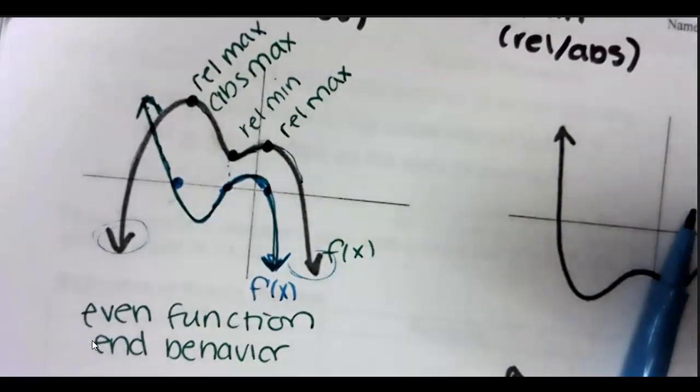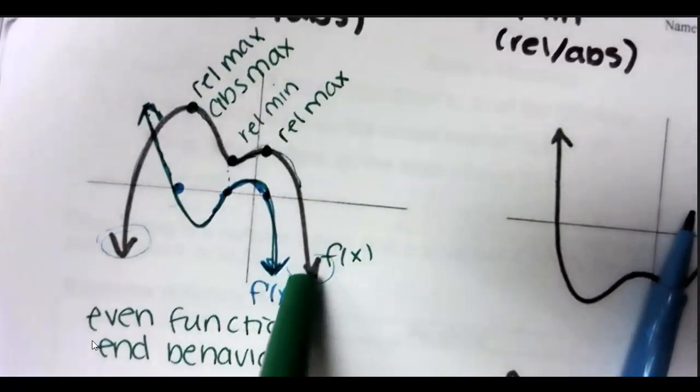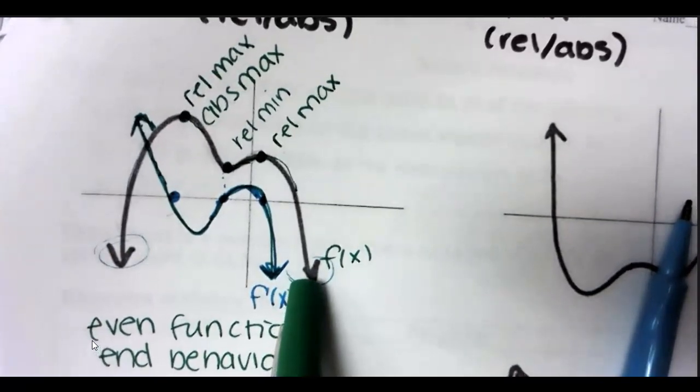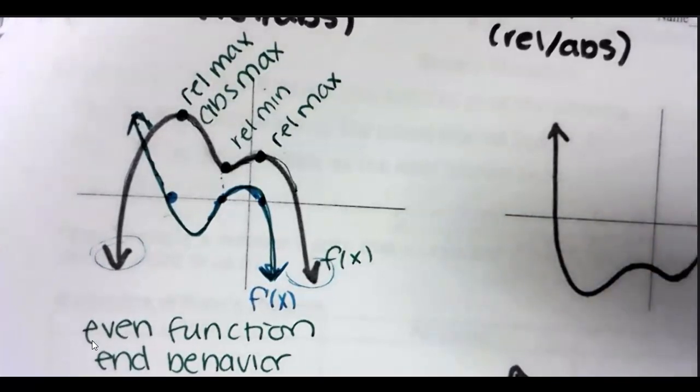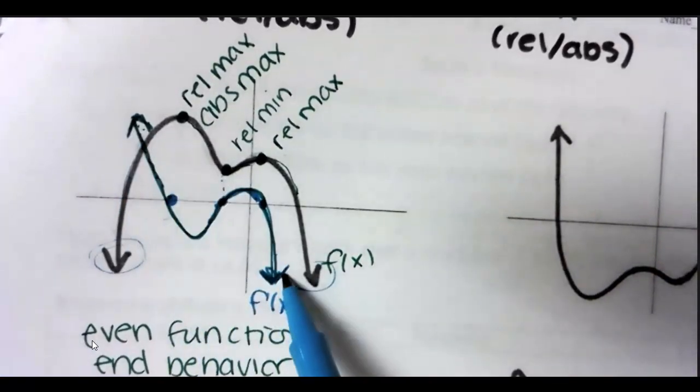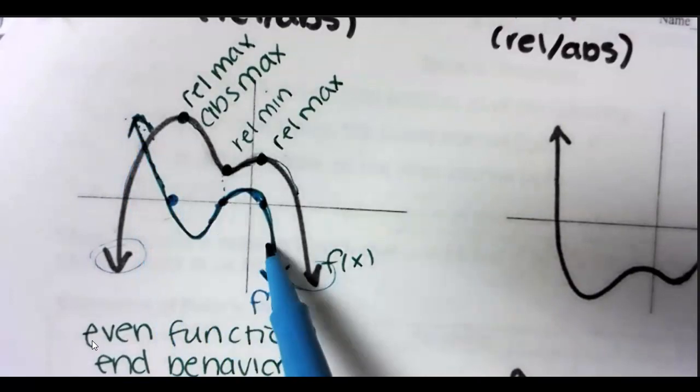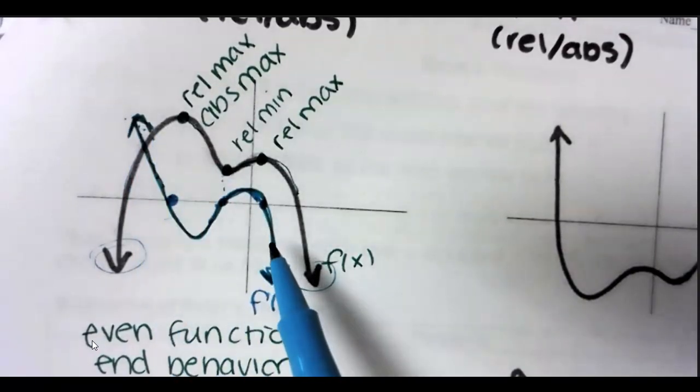What do you notice about this function? Its end behavior was even. What's the end behavior of its derivative? Come on, Miss Lacey used to do a disco dance for you.